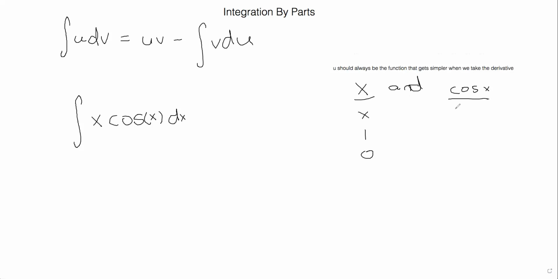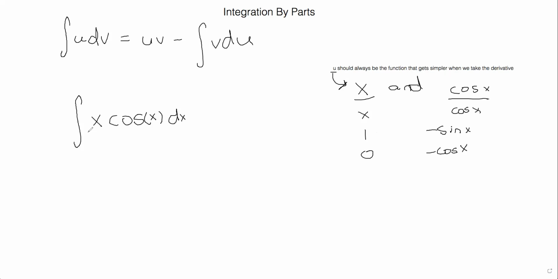Cosine, if we take the derivative, we get negative sine of x, and then negative cosine. So you can see that this doesn't break down. It just keeps repeating over and over again. Eventually we end up where we started. So u should always be the function that gets simpler. So u should be x this time.